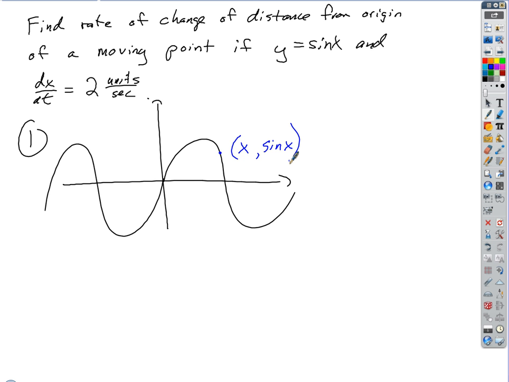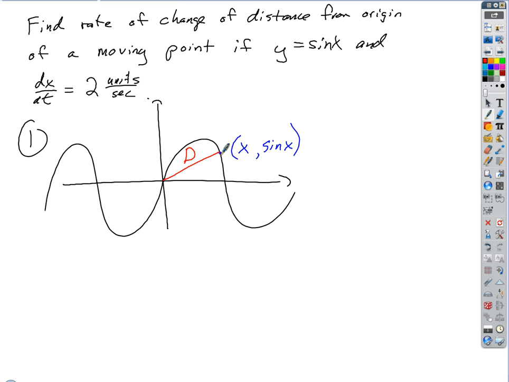Okay, so then if we're calculating a distance, this is the distance, right? So how am I going to set up a relationship there? Because this is what we're looking for. We'll call that capital D. Capital D equals x squared plus sine x squared.